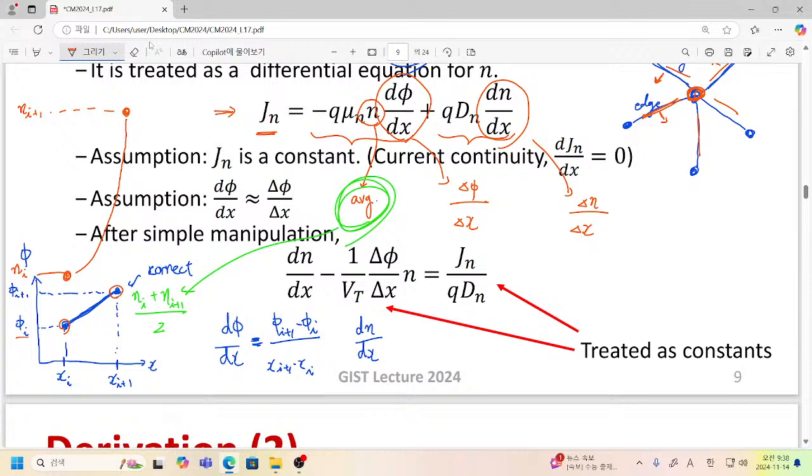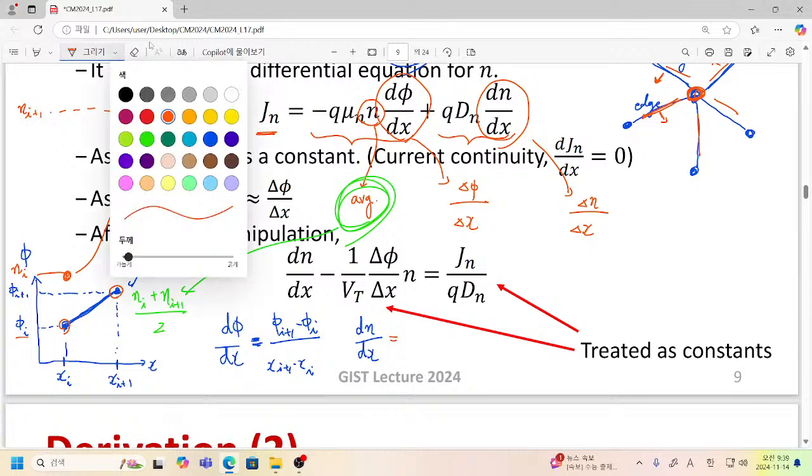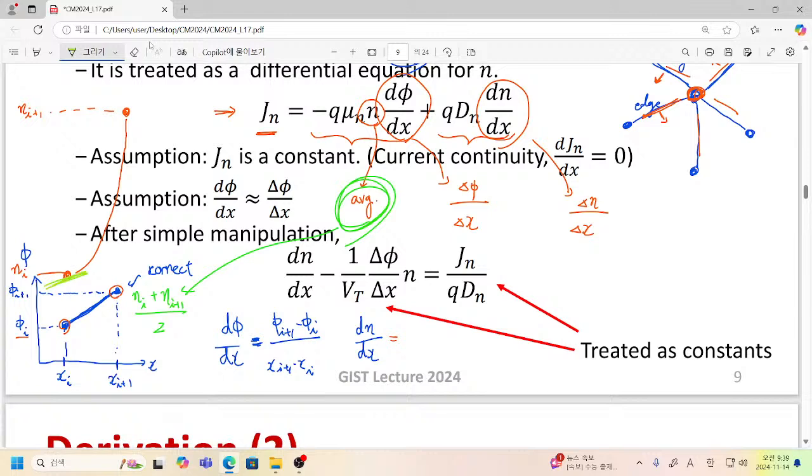So if you have to calculate this dn over dx, then what is the required value? Can you take the value at this point, or that point, or the one at the midpoint?